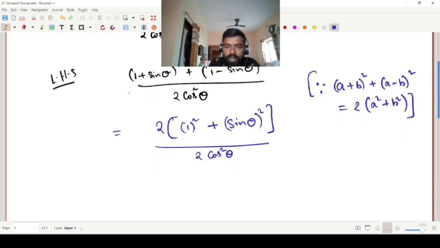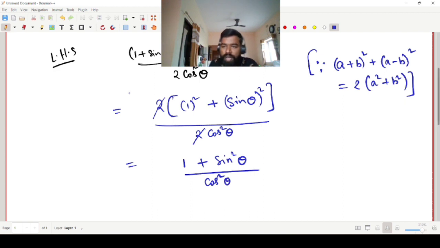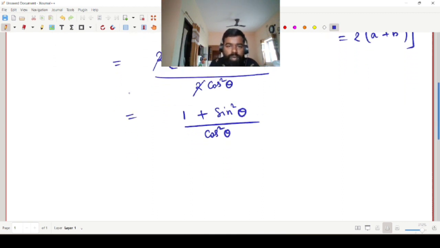Okay, so then we can see that this 2 and this 2 can be cancelled, so we have (1 plus sine square theta) by cos square theta. So now we can take separate divides for both the numerators. So this is 1 by cos square and this is sine square by cos square.